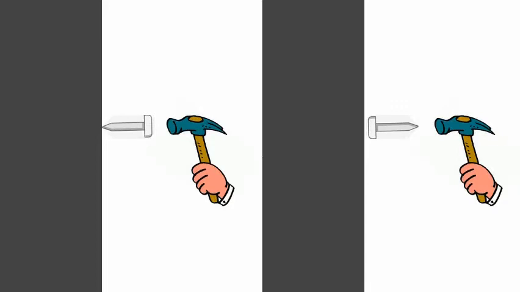Let's go back to the example we saw earlier, the nail and the wall. Note that we are also applying the force perpendicular to the surface of the wall. The angle between the nail and the wall is 90 degrees and not anything else.